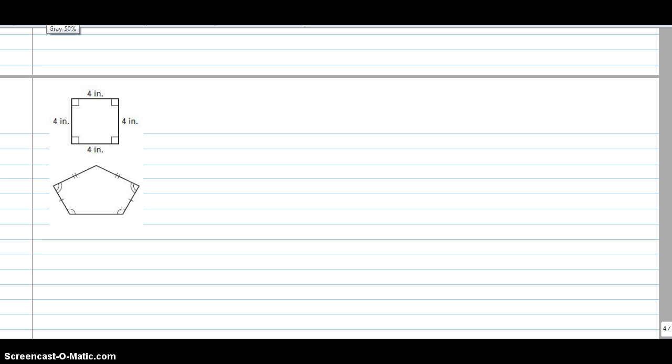Alright, now let's take a look at these 2 polygons, and let's figure out whether they're equilateral, equiangular, or regular polygons, or all 3. In the first one here, I have 4 sides, 4 inches here, 4 inches there, 4 inches here, and 4 inches there. Since all the sides are the same, that is equilateral.